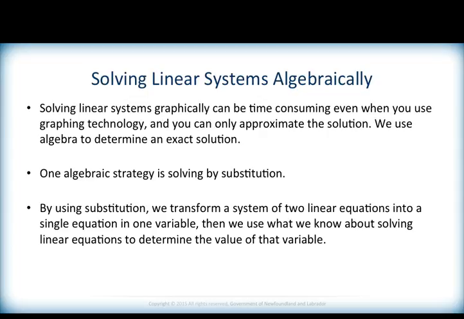Then we use what we know about solving linear equations to determine the value of that variable. So just like you hear substitution, something is going to be substituted into something else. So we're going to take one equation and rearrange it and transform it where it is only one variable that can be substituted into the second equation.